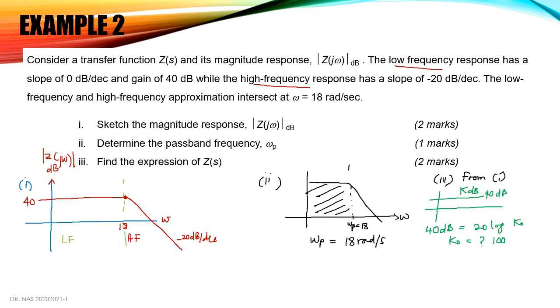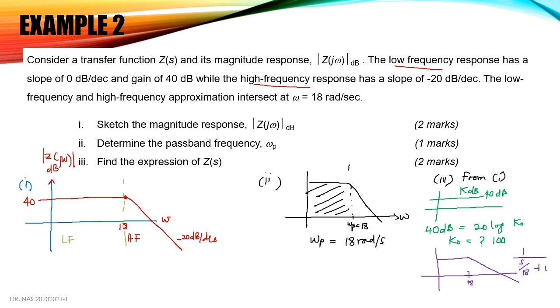So next, you know that there's a negative 20 dB slope from 18, meaning that this is the pole at 18. So in this case, it is 1 over (s divided by 18 plus 1).